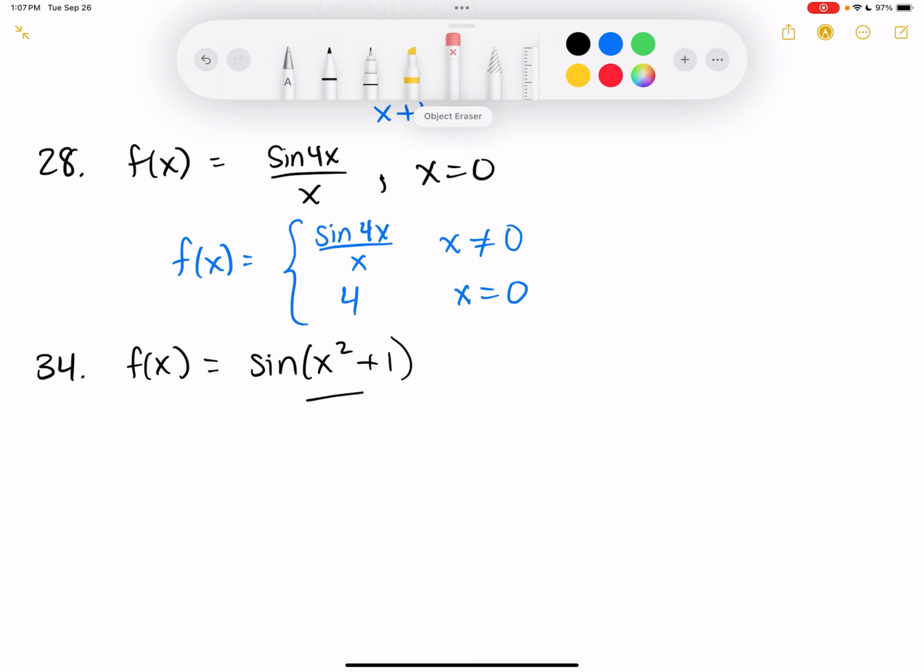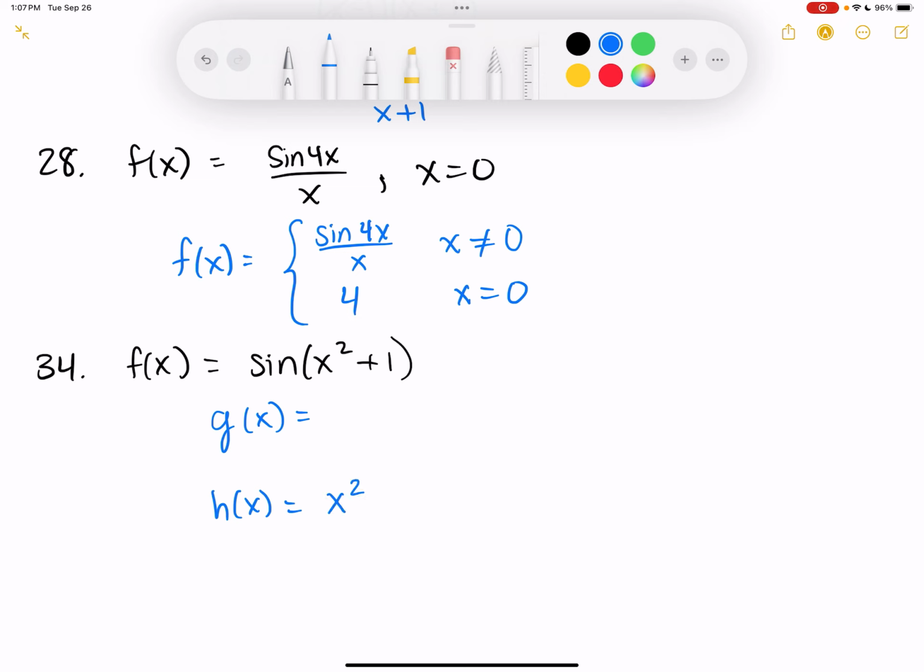I'm just going to call them g of x and h of x because the whole thing is giving me f of x. So h of x is going to be what's getting plugged into the other function. So what would we say h of x is? x squared plus 1. Yep.